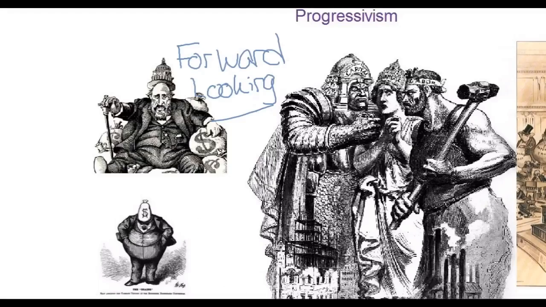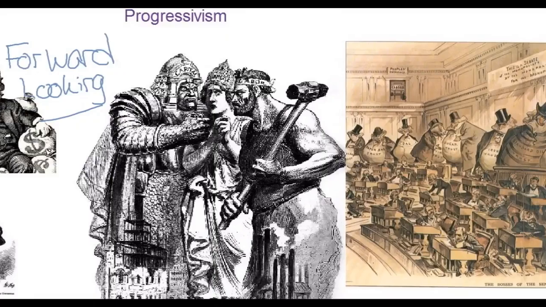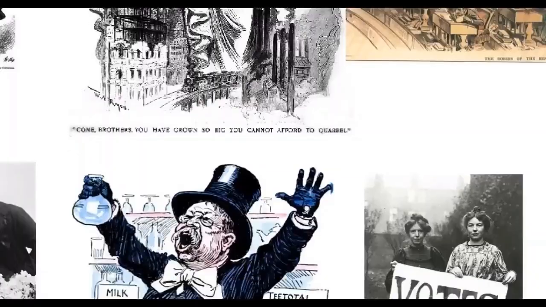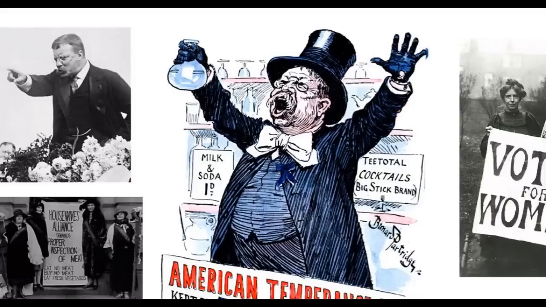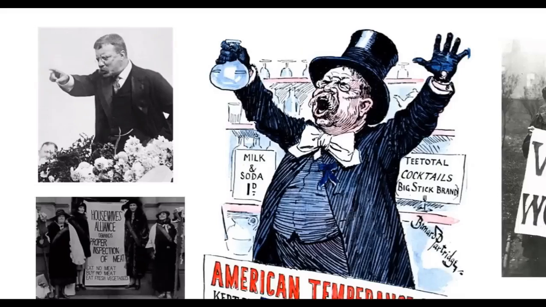Progressives are well known for using what we would think of as modern research techniques to organize reform movements. They loved conducting surveys, enumerating and analyzing social phenomena in order to come up with solutions, and using sociological models as a way of explaining situations in the United States.